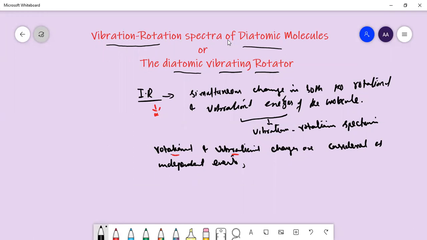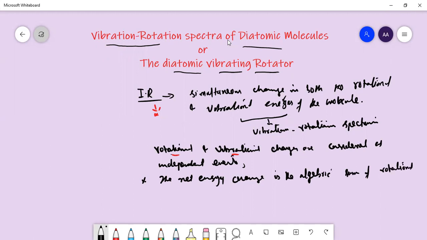So if these two are quite independent, the net energy change is the algebraic sum of rotational and vibrational energy changes.